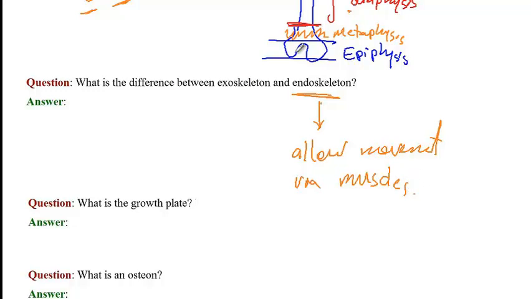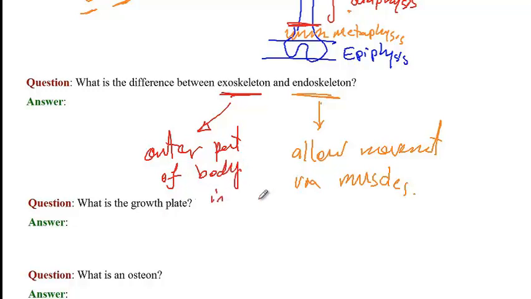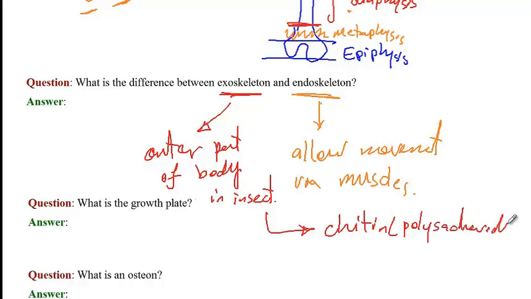Versus exoskeleton, this refers to the outer part of the body that is seen in invertebrate animals, like for instance insects and lobsters, that will provide support and protection to their body. So this is the outer part of body in insects. And this is made of chitin, which is basically a polysaccharide. And then this structure also has protein composition.